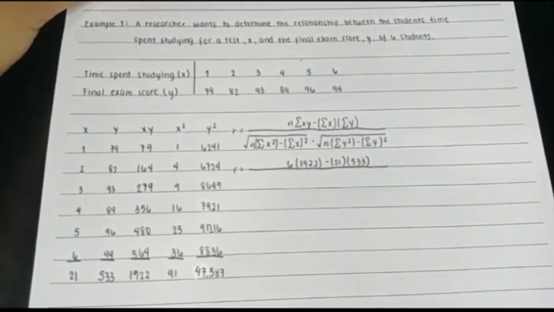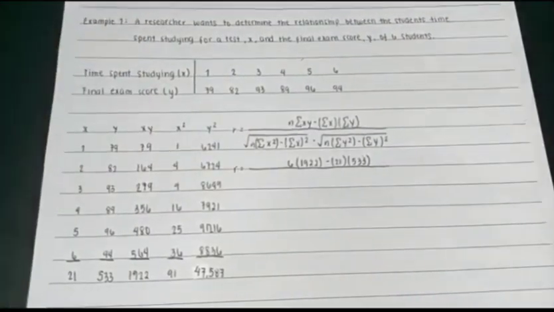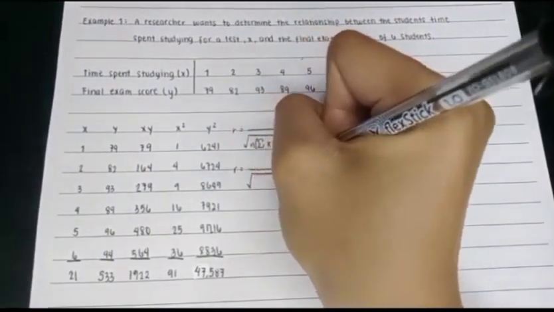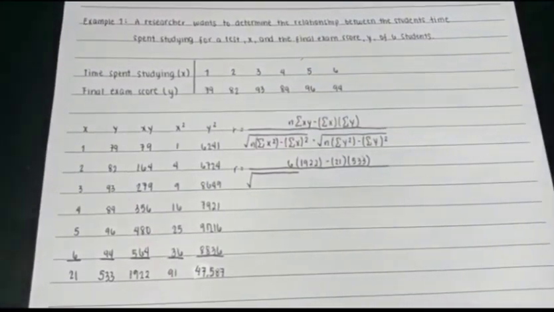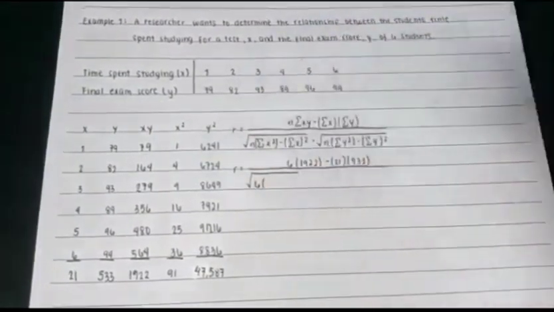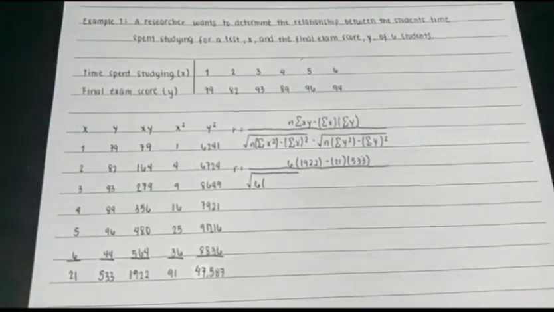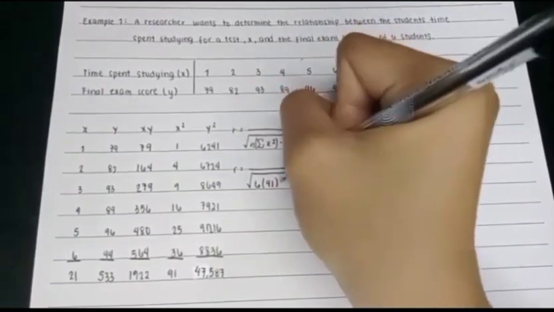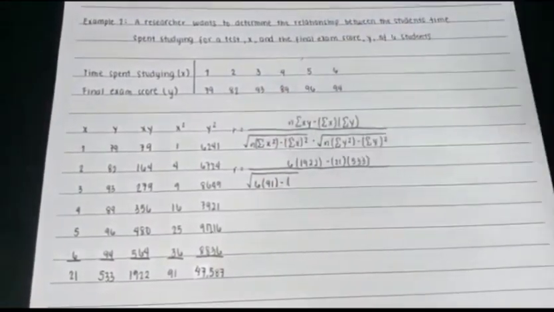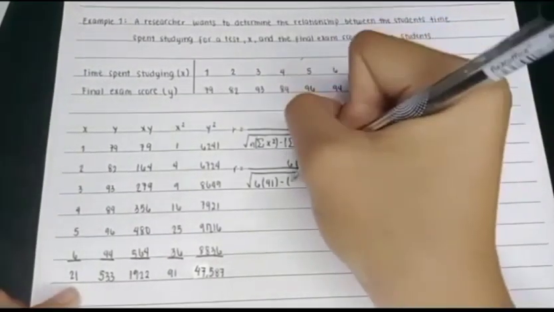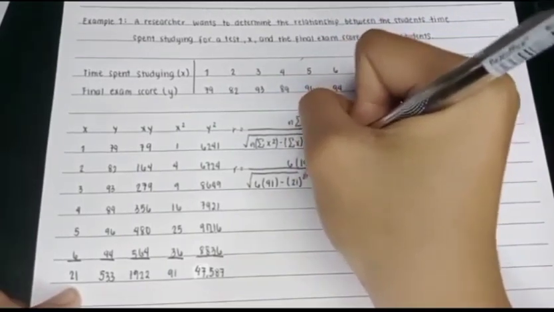So, below, the square root of the value of our n, which is 6, the sample size. Then the sum of our x squared is 91, minus the sum of our x, which is 21, then squared.